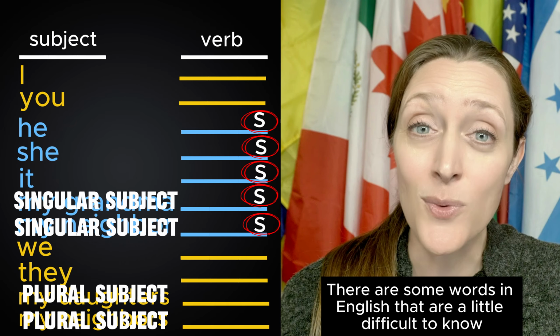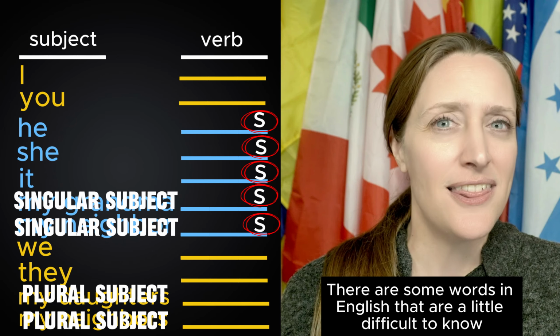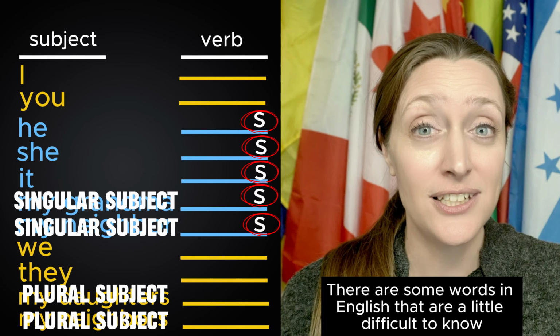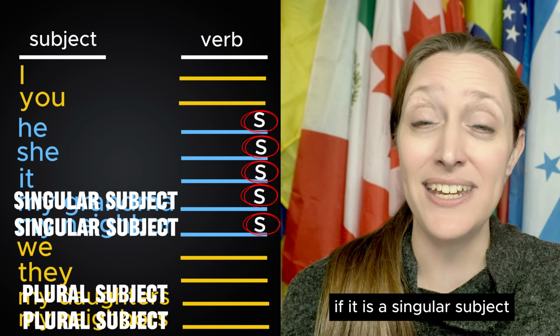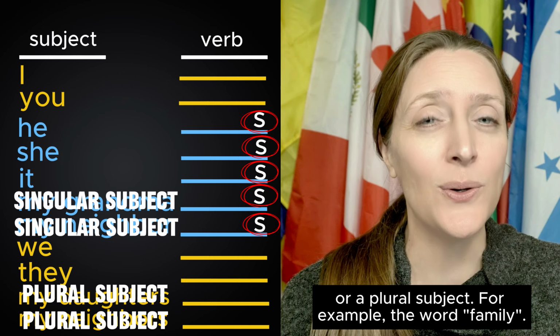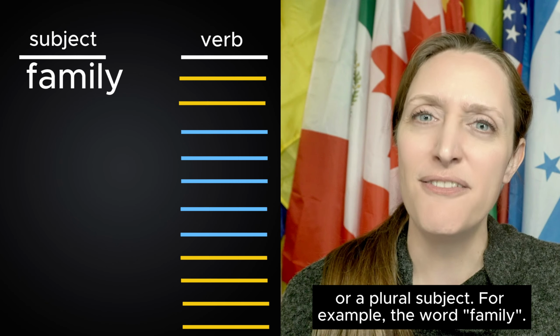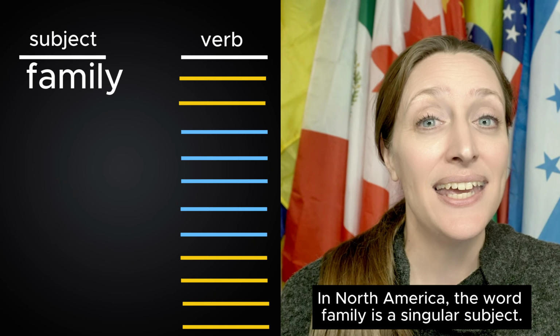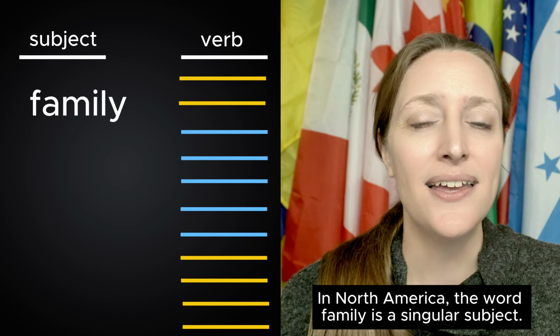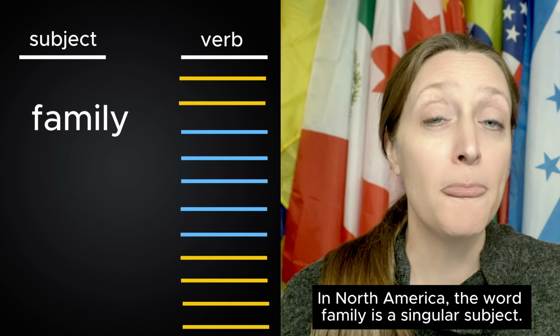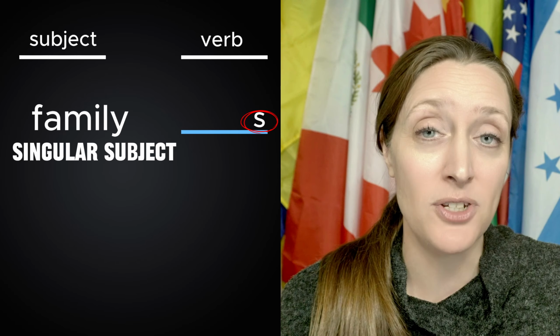There are some words in English that are a little difficult to know if it is a singular subject or a plural subject. For example, the word family. In North America, the word family is a singular subject.